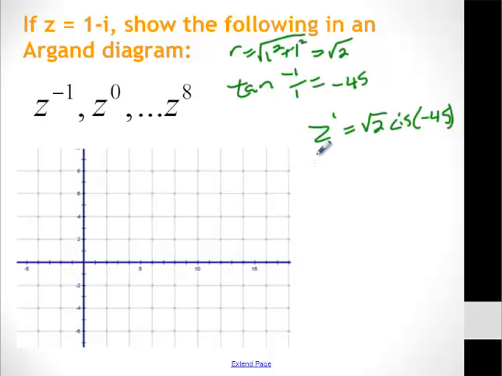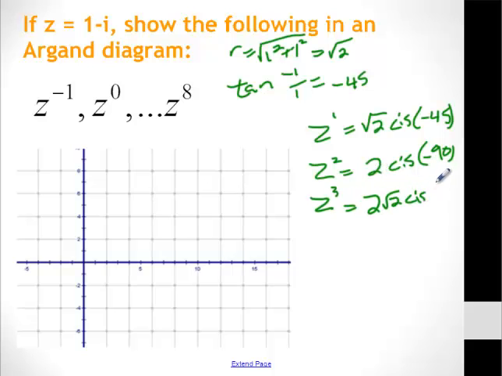Now when I look at z to the second, we square this, 2 cis, we multiply the angle by 2, negative 90, and we keep going. Multiply that by square root of 2 again, and multiply 45 by 3 to get negative 135.